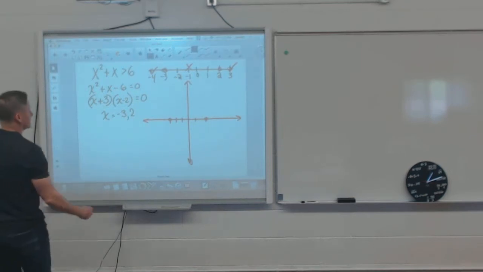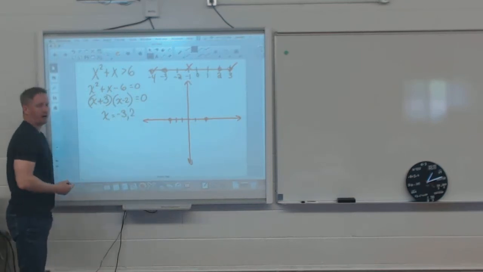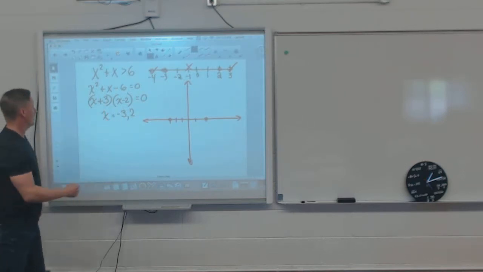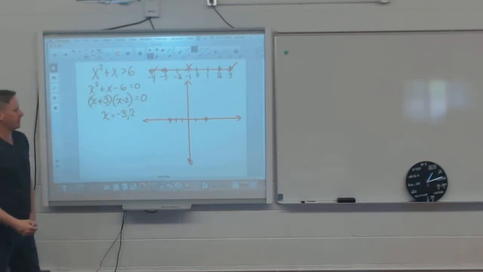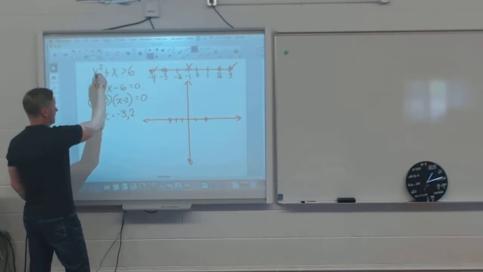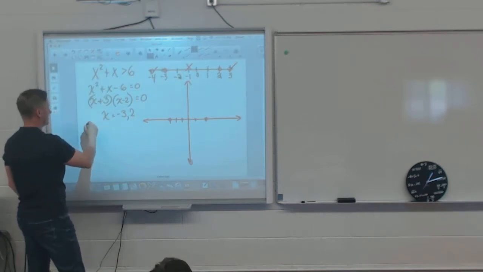Okay, my x-coordinate of the vertex is halfway between these two values, between -3 and 2. So what's halfway between -3 and 2? -0.5. So I'm going to substitute that into my equation.